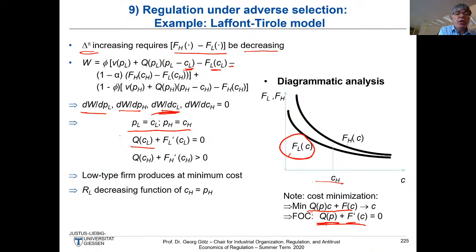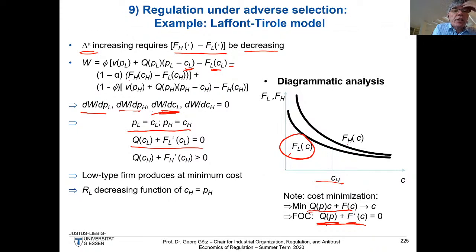And what you see here is the result that with respect to CL, you choose the cost minimizing output, cost minimizing cost here, marginal cost, okay?